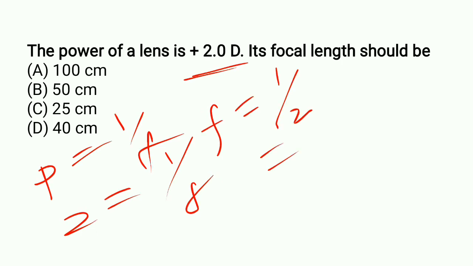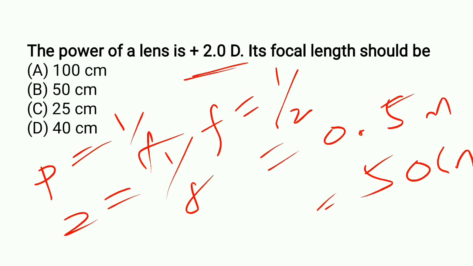So 1 by 2 means it is 0.5 meter. Focal length is in meter, but we need to calculate in centimeter. So in centimeter you will get 50 centimeter. So here we have the answer, that is option B, 50 centimeter is the correct answer.